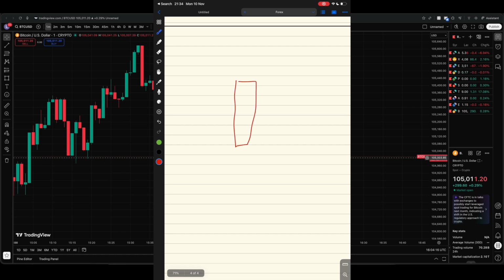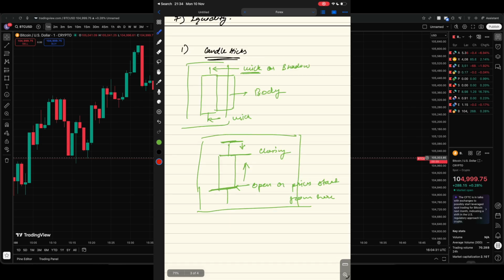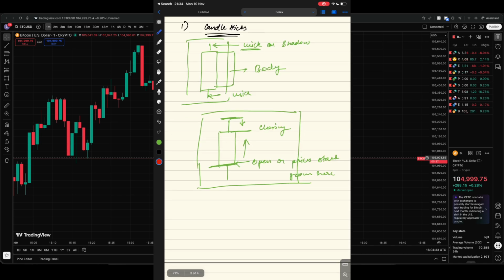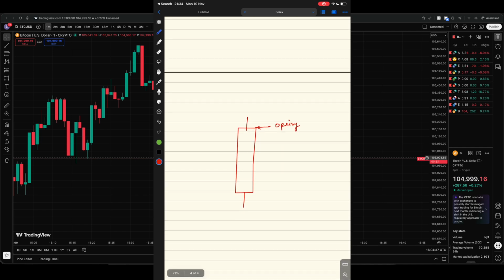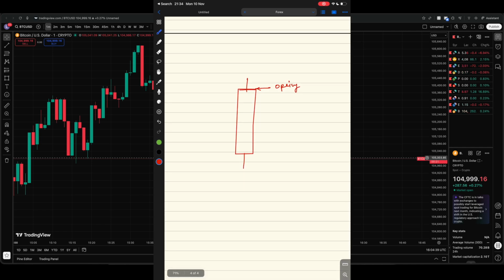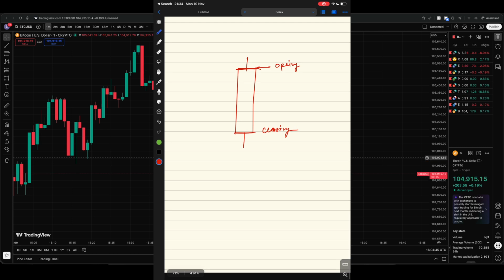And the same goes with the red candle. So this is a red candle here. I'm pretty bad with the drawings, but yeah, this is the red candle, and in the red candle, this is the opening. So you can see in the green candle, this was the opening, but in the red candle, the top part is the opening, this one, and this is the closing.